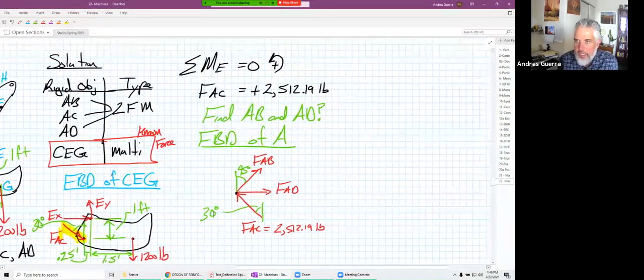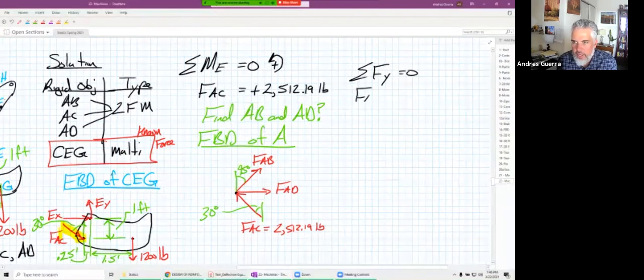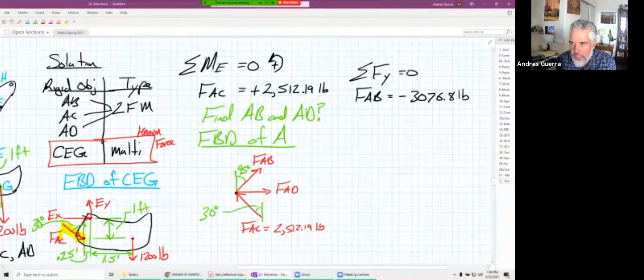And we can now sum forces. If I sum forces in the y equal to 0, we're going to find that FAB is equal to minus 3,076.8 pounds. So that's just telling us that it goes opposite as drawn.